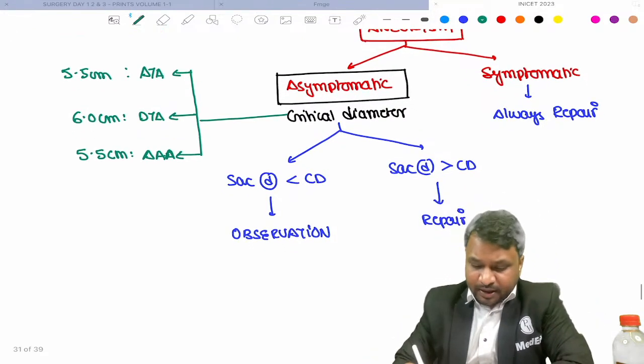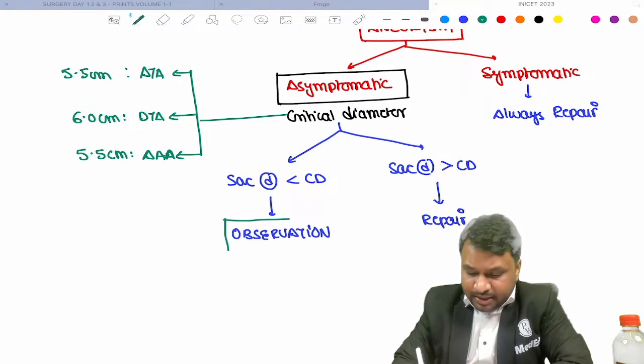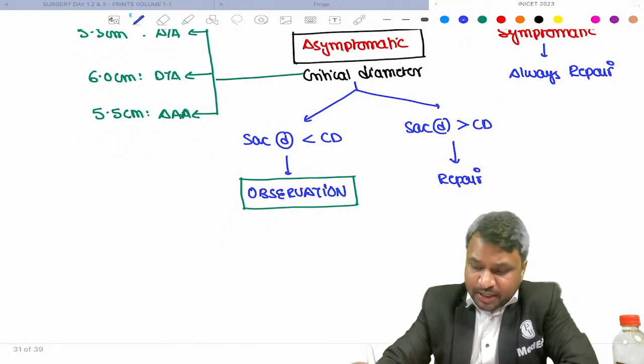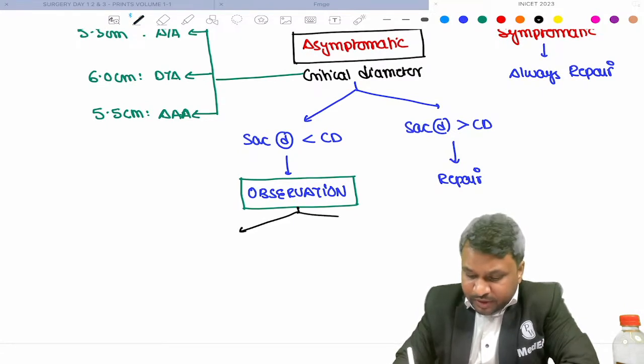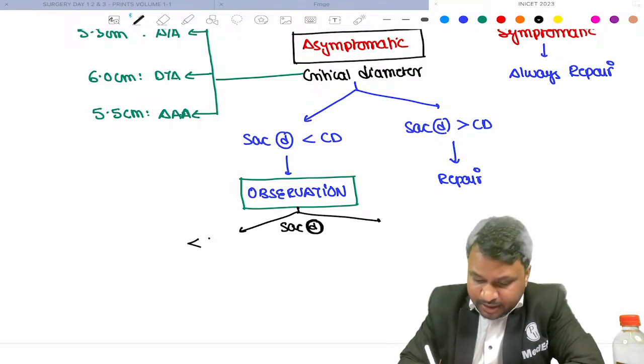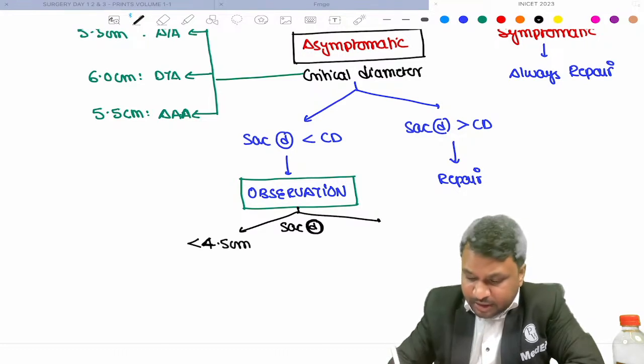Now, if the diameter of the sac is less than the critical diameter, we'll call the patient for observation and follow-up. In observation, we will see what is the initial diameter of the sac, whether it is less than 4.5 or greater than 4.5 centimeters.